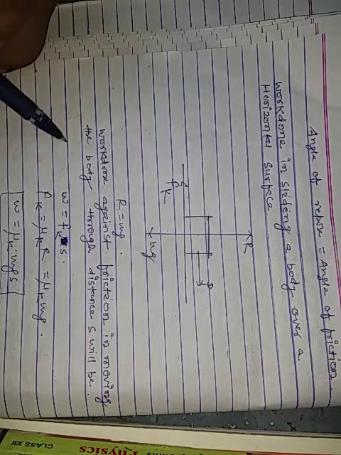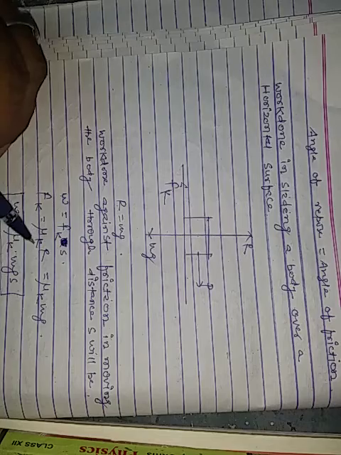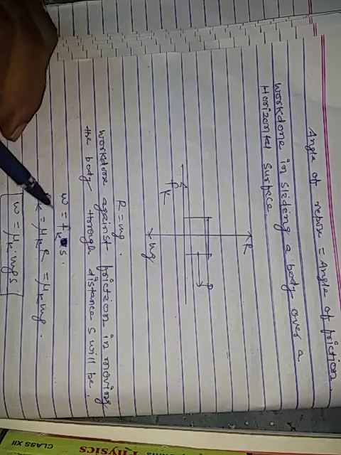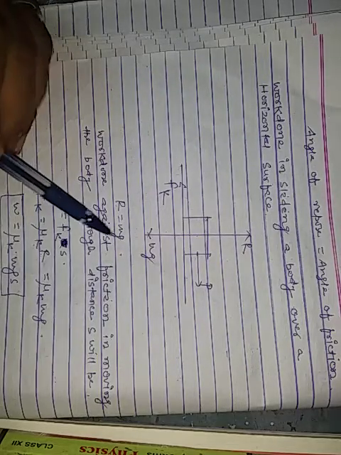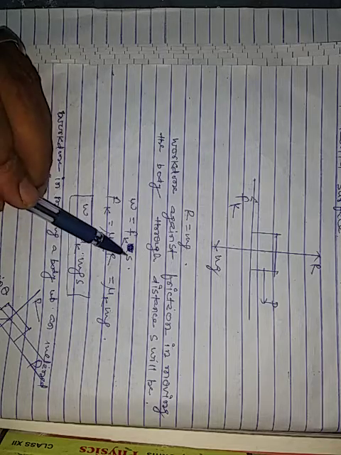Work done against friction in moving a body through the distance s will be, as we know, W is equal to F into S. So W is equal to Fk into S, where Fk is equal to mu k R, and R is equal to mg. So Fk is equal to mu k mg. So W is equal to mu k mg into S.